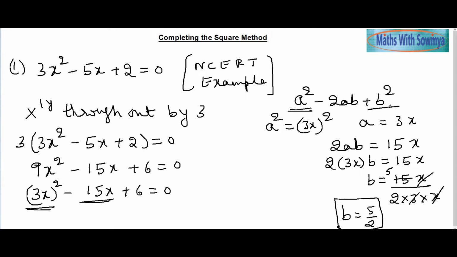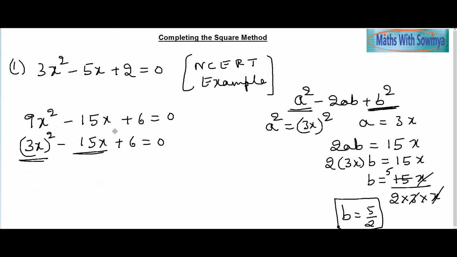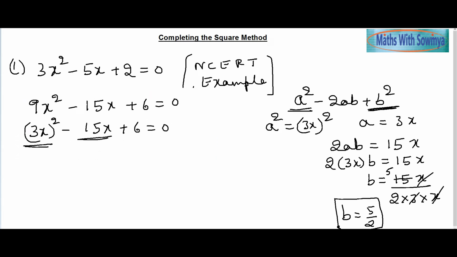We want b square to complete the formula. So we can say here, add and subtract, because I want b square. Simply you cannot add anything, plus b square you want. So b is 5 by 2. So say here add and subtract 5 by 2 whole square.